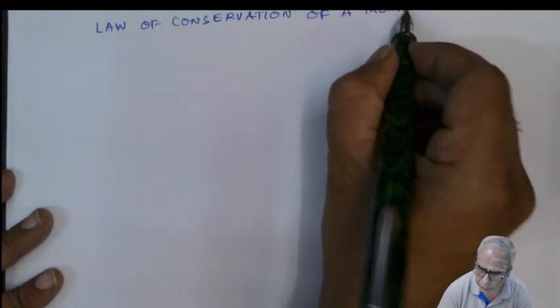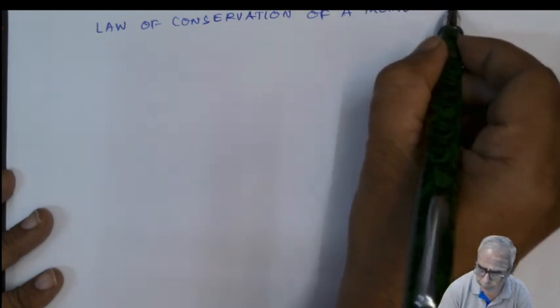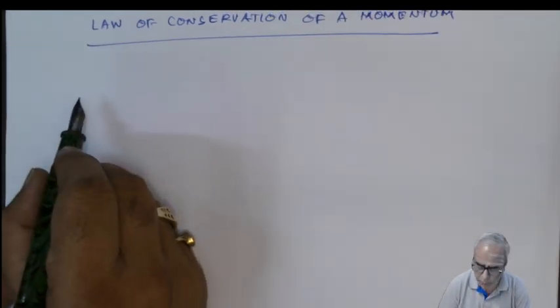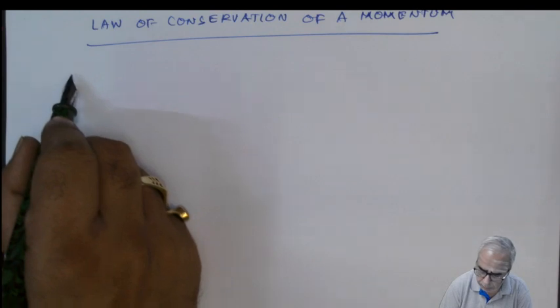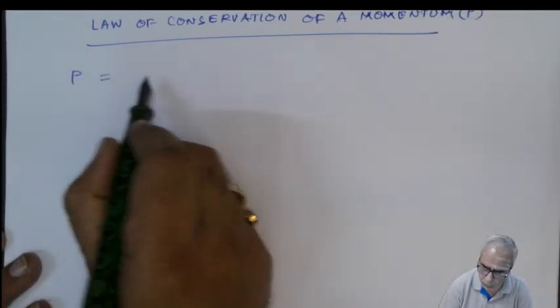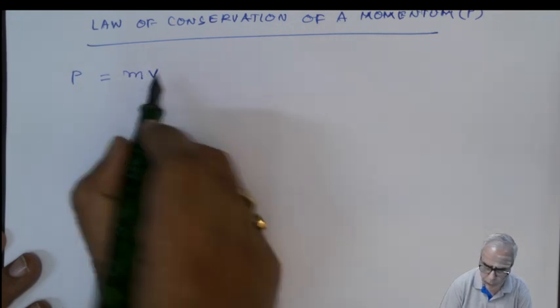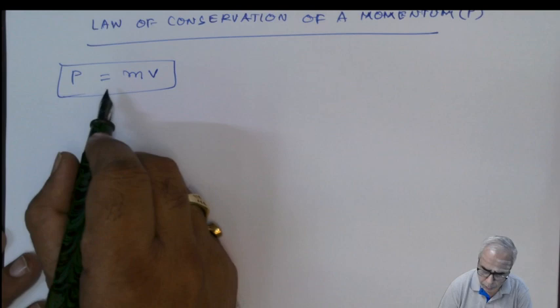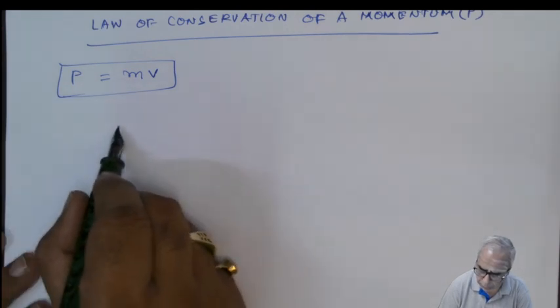Law of conservation of momentum. Momentum is represented by P. So P is equal to mass into velocity. Initial momentum is mu.